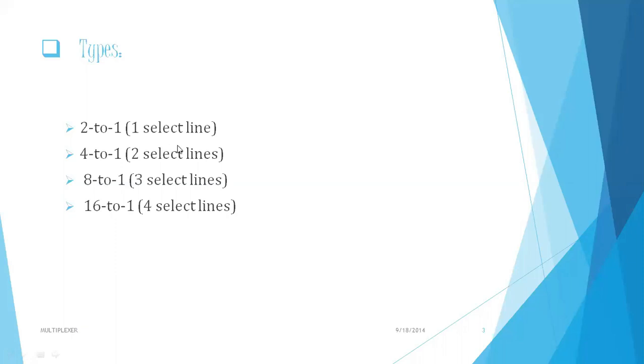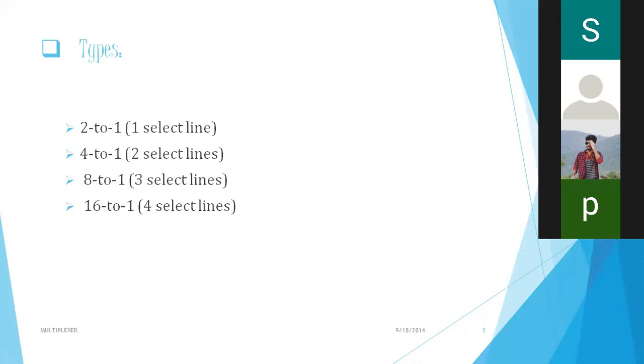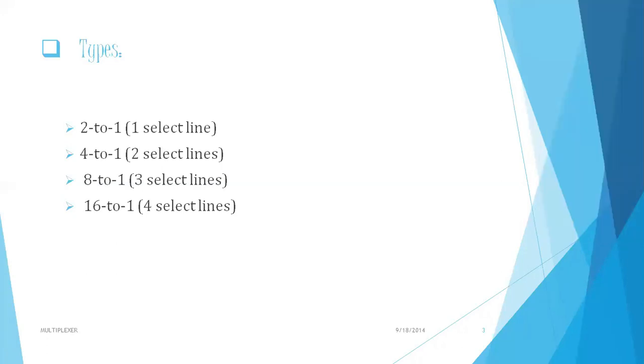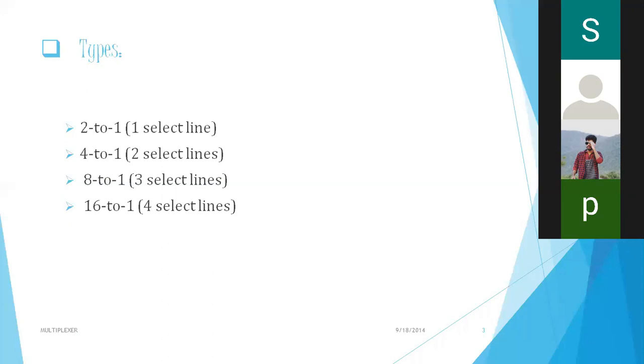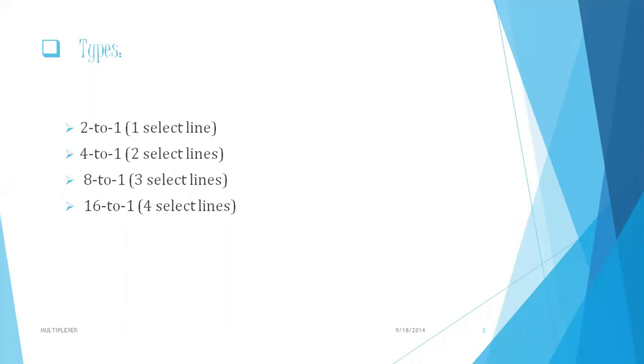So this is the concept of the multiplexer. We pass 2 power n input lines, and it will produce only one output with n selection lines. 2 to 1 multiplexer means one selection line, 4 to 1 means two selection lines, 8 to 1 means three selection lines, and 16 to 1 means four selection lines. Is it clear? Are you with me or not? Yes, madam. Okay.